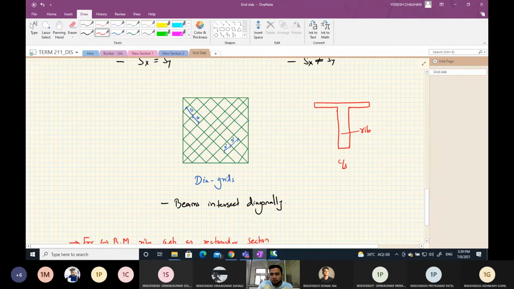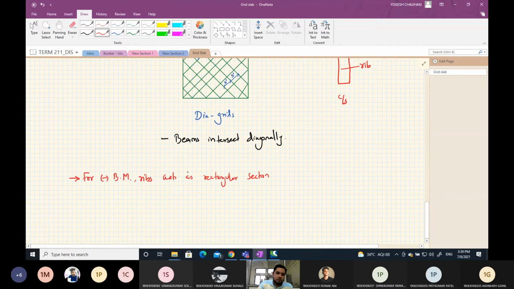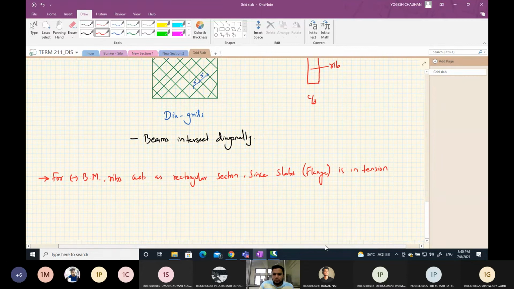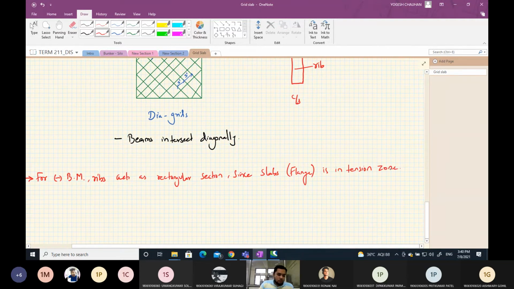So this cannot be considered as a plane section. The ribs act as a rectangular section, since the slab, that means the plane, is in tension.